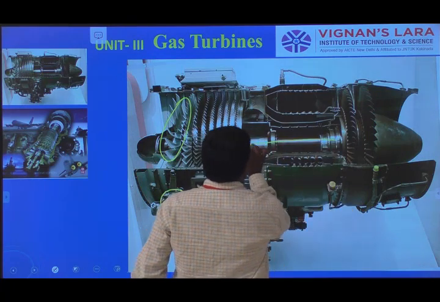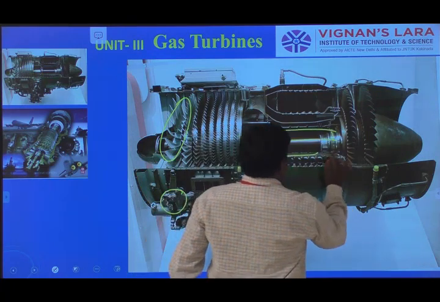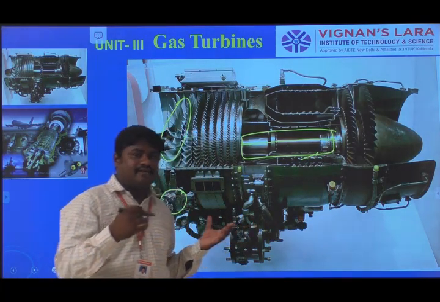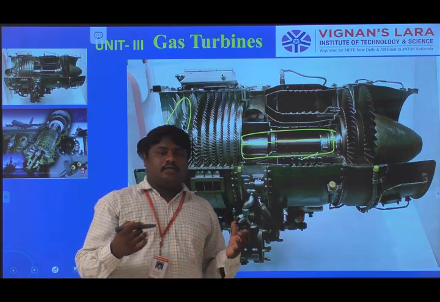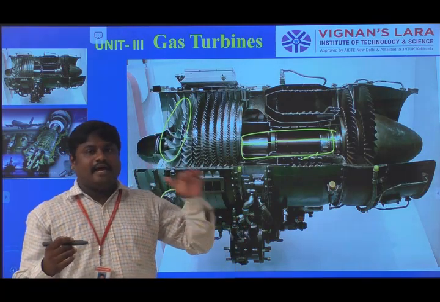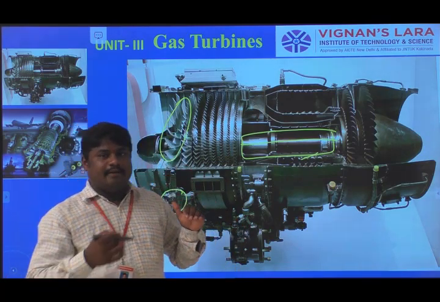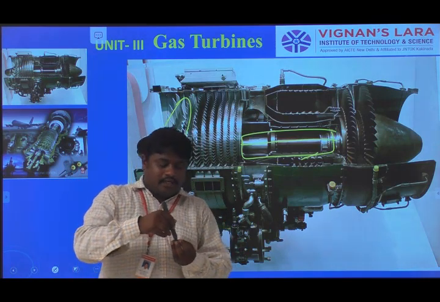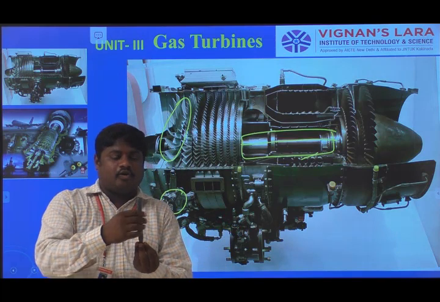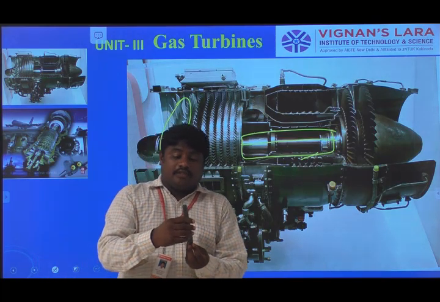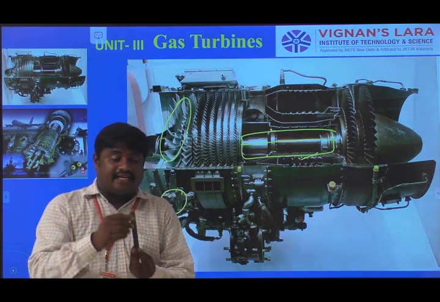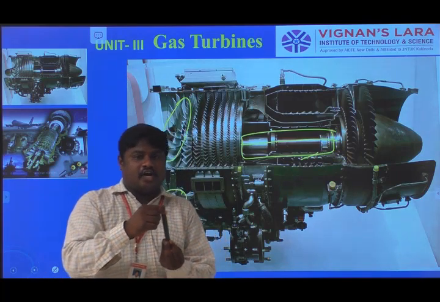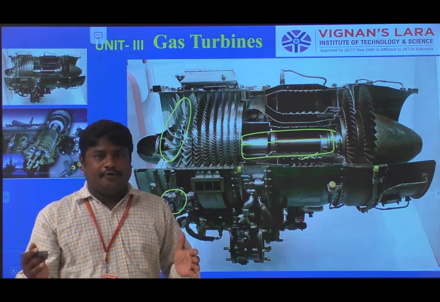This is called the shaft of the gas turbine. When the gas enters the system, the blades will be rotated, and the turbine is fixed to the shaft. The shaft will rotate continuously. Then a magnetic field is kept on the top of the shaft.